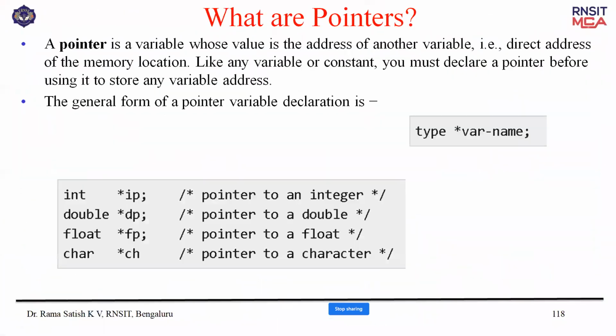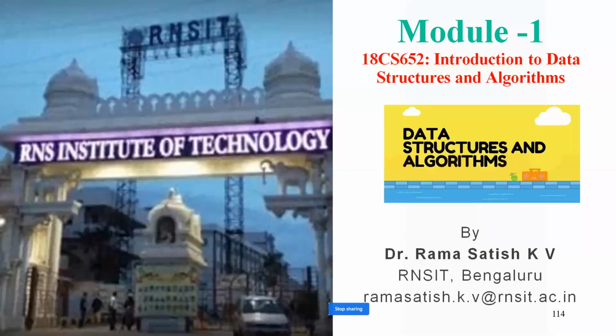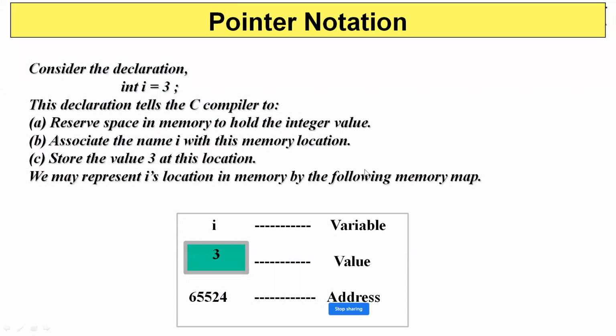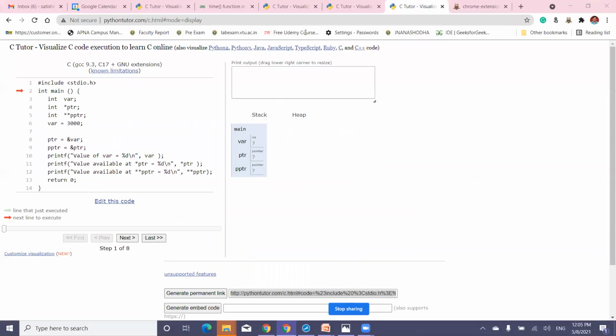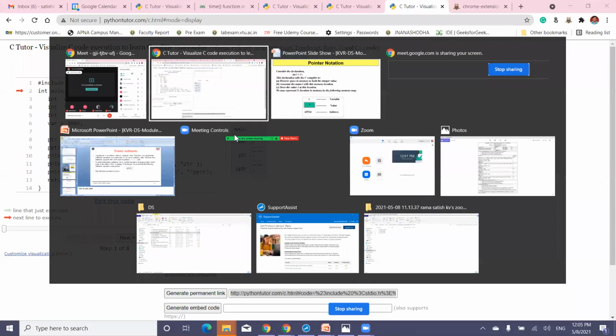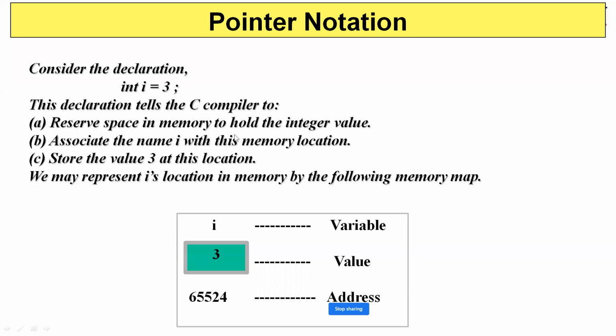Welcome back to our class on data structures and algorithms. Today we will discuss pointers. Last class also we discussed them. Normally, a variable will have three components: value, its name, and its address.